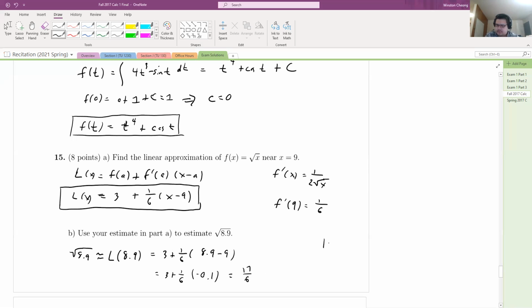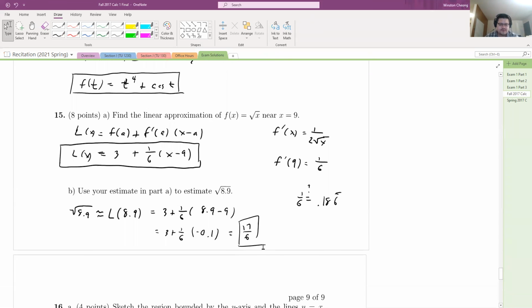I think it's 0.1, it's 0.1666 repeating, I think is what it is. But anyway, yeah, so I'll just stick with that. If you wanted to, you could figure out what that decimal approximation is.